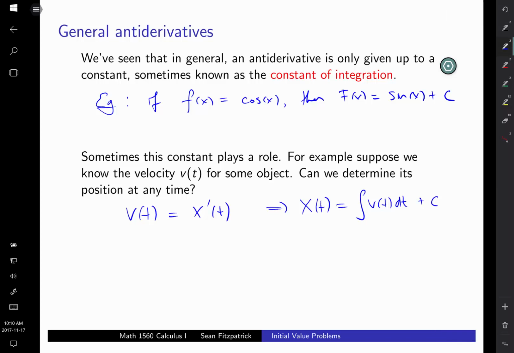And so what does this constant tell us? Well, this constant c depends on the initial position, right? If I have two objects that begin at different places but follow the same velocity pattern, they have the same velocity over some period of time, if they begin at different places, they're going to end at different places, right?